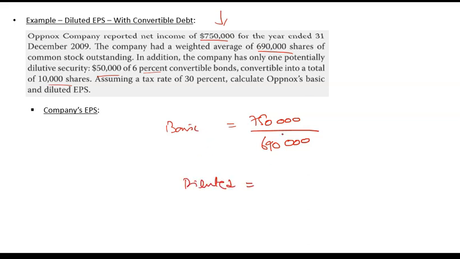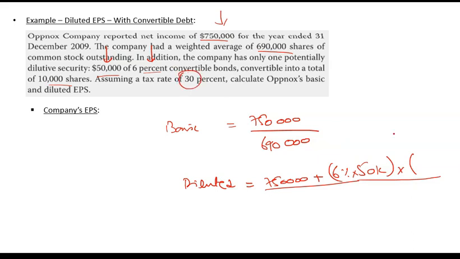Diluted EPS will be making adjustment for this conversion. If this debt gets converted into common shares, then you need to add interest expense in the numerator. That means you will add the after tax cost of interest in the numerator. What is the interest? Interest is 6% of 50,000. So you multiply 6% by 50,000 and you multiply it by 1 minus tax rate.